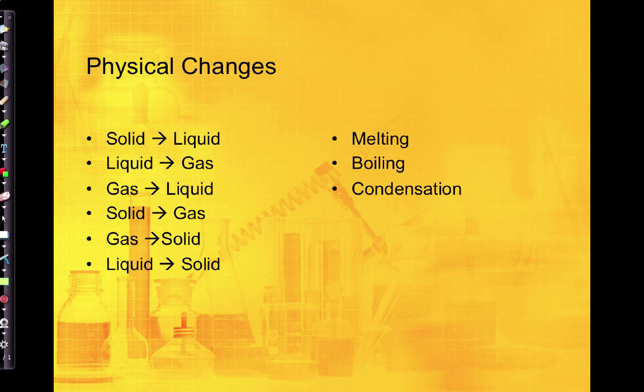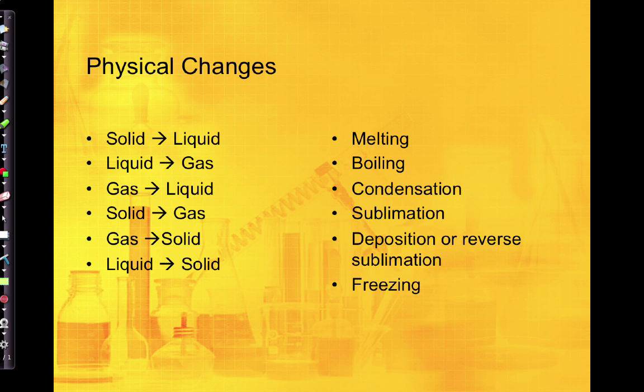It's called condensation. If I take a solid and turn it straight into a gas, which can happen with carbon dioxide, with dry ice, that's called sublimation. If I take a gas and convert it into a solid, that's called deposition or reverse sublimation. And if I go from a liquid to a solid, that's freezing.